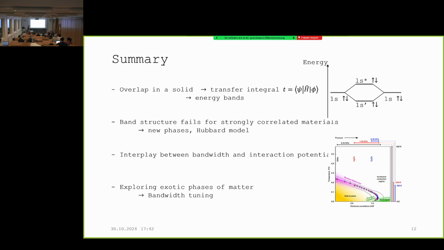And where it fails is where it becomes more interesting to talk about correlated material electrons. And since we don't have band theory to talk about it anymore, we look at these phase diagrams and we tweak these electronic correlations to actually explore these phases of matter. So that's all for me.